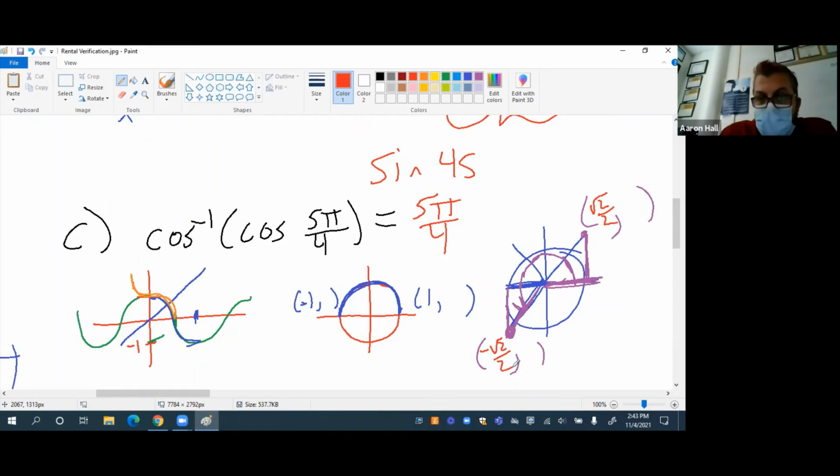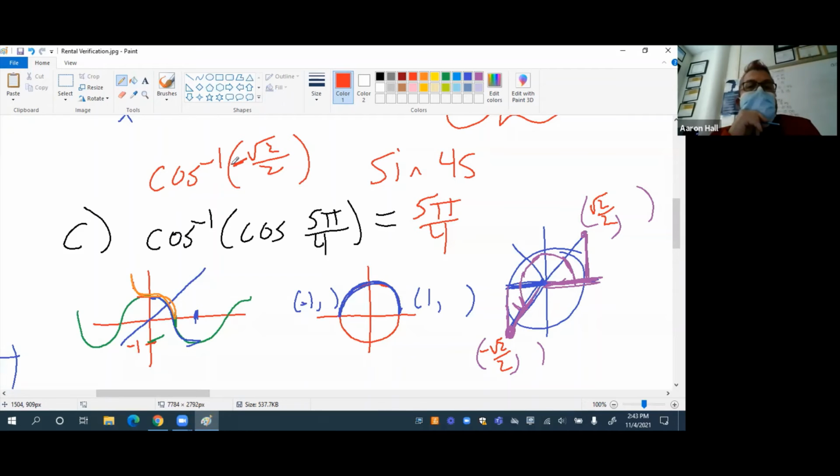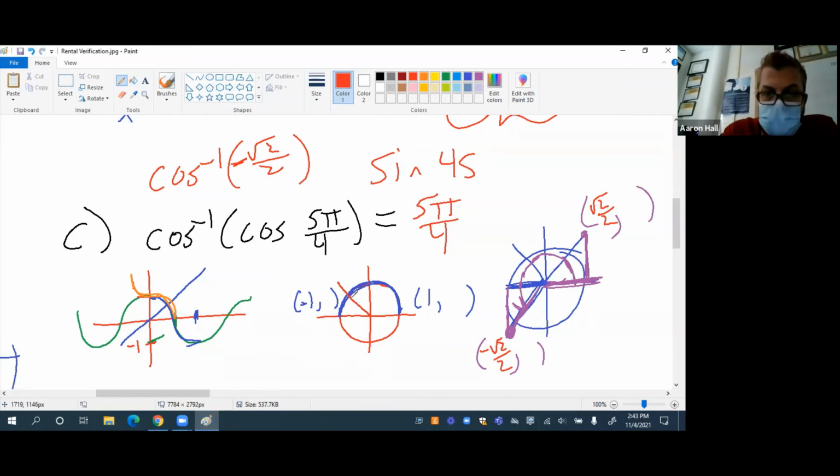Now let's consider, so now I have the inverse cosine of negative the square root of 2 over 2. Now the problem is that all of it's outside of it. Negative the square root of 2 over 2 would also give me this piece right here, right?